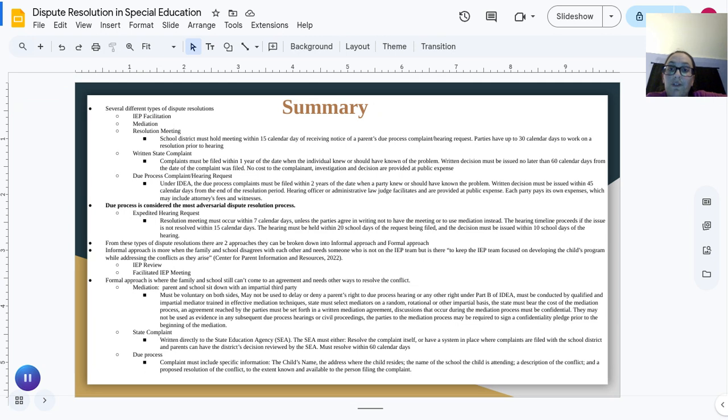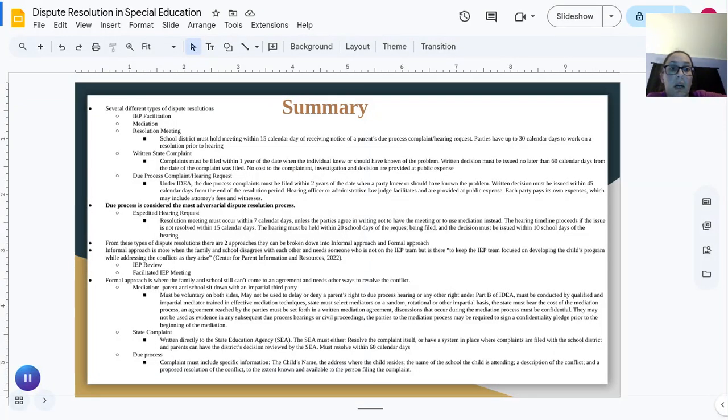And then under the formal approach, this is where the family and school still can't come to an agreement and need other ways to resolve the conflict. This can be done with mediation, where the parent and the school sit down with an impartial third party. Both sides have to be voluntary. It cannot be used to delay or deny a parent's right to due process or any other right under Part B of the IDEA.